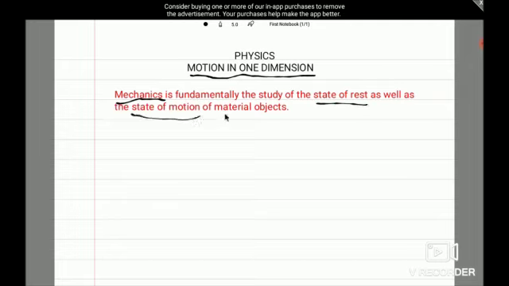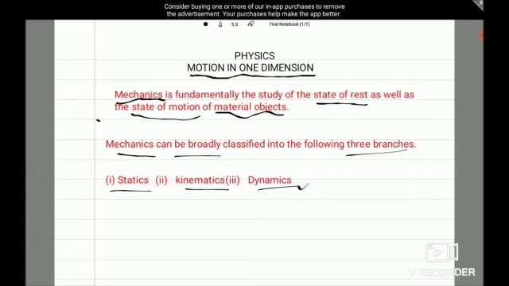Okay, first of all we'll go through statics. Statics is the study of objects at rest. So this one is very important. In other words, we can say it is the branch of mechanics which deals with the study of objects at rest or in equilibrium, even when they are under the action of several forces.